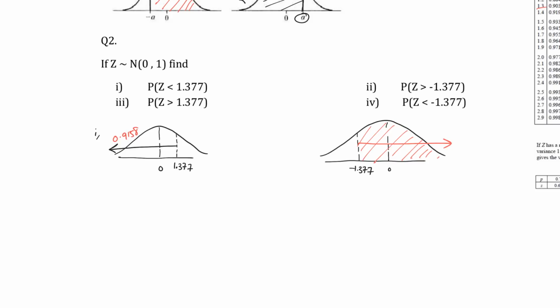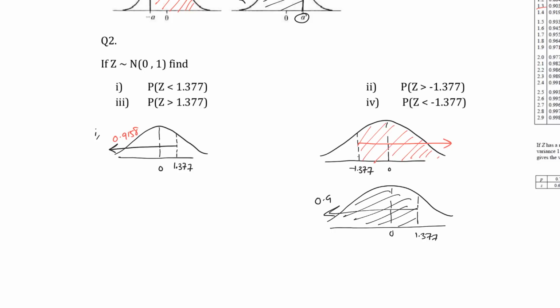This body area would have the same area when I use 1.377, and this area is the same as this area. So if I'm able to find this value, which I just found in part 1, 0.9158, then the probability of z greater than minus 1.377 would be 0.9158.